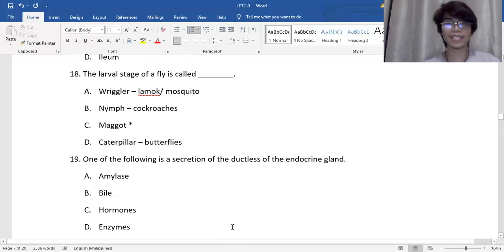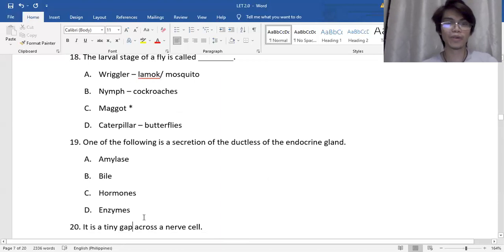And then last two items. One of the following is a secretion of the ductless or endocrine gland. What's the answer? We have, of course, your hormones. When you say endocrinology, endocrine gland, it has to do with our hormones. So what's your answer? That is letter C. Amylase and bile are enzymes.